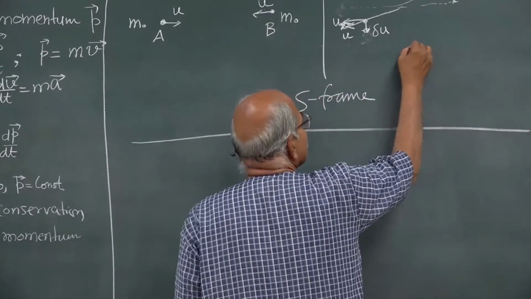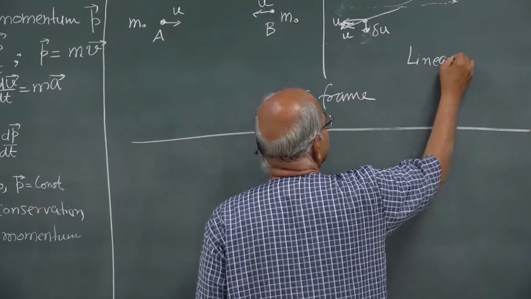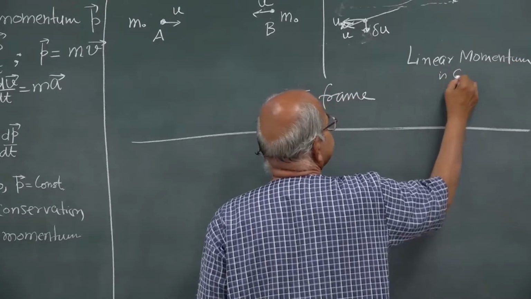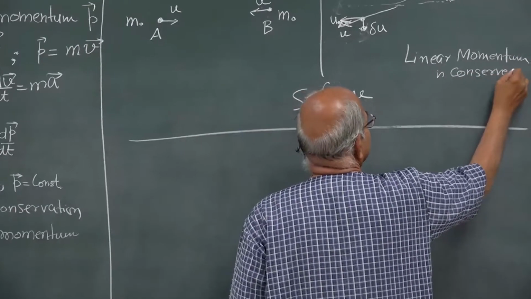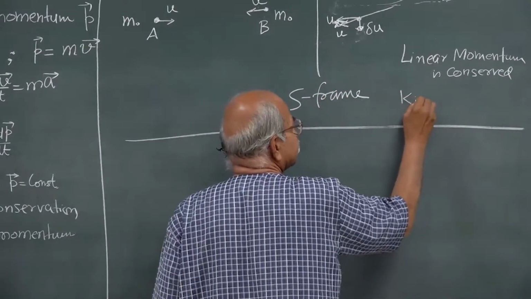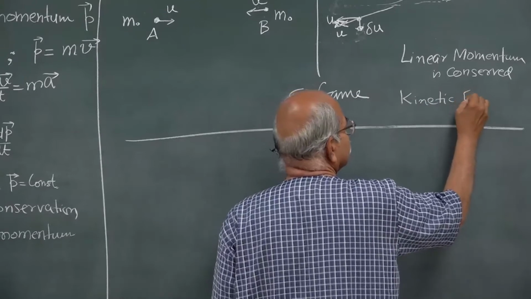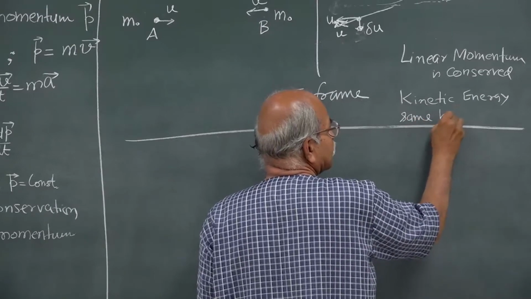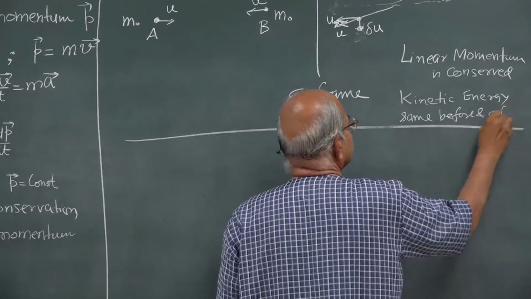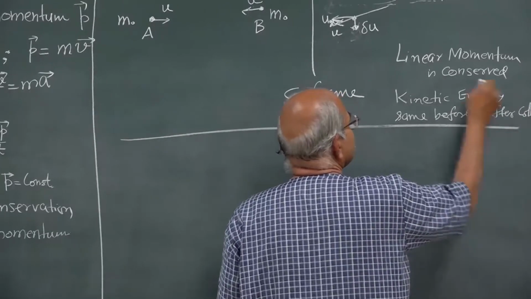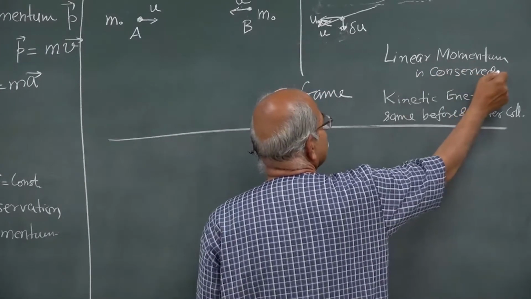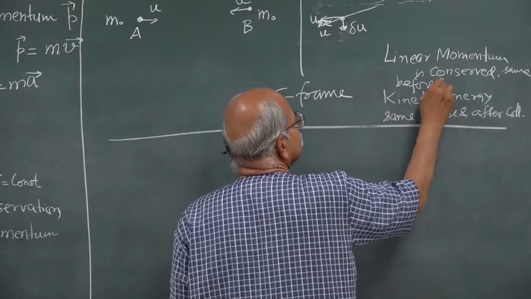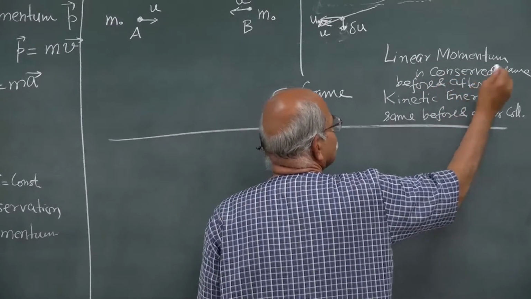So, in this frame, linear momentum is conserved and kinetic energy is also same, before and after collision. Same thing here, linear momentum is same, conserved means same before and after collision.